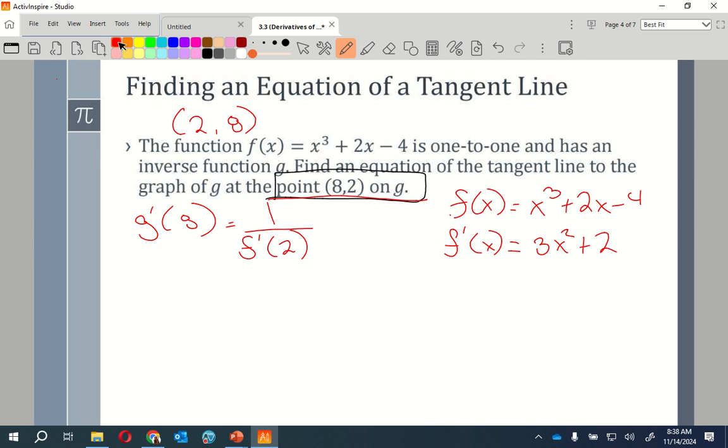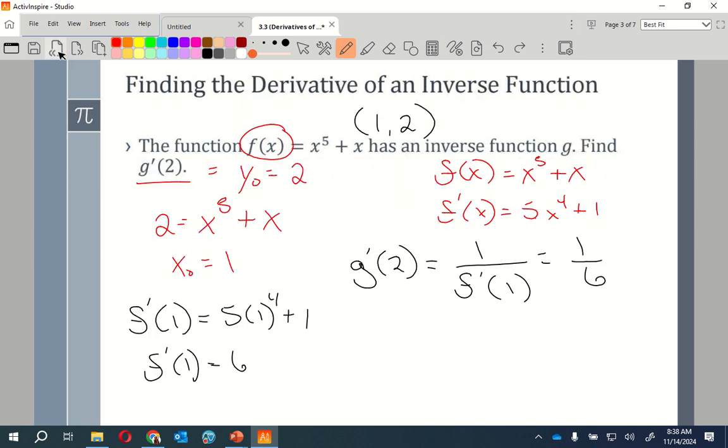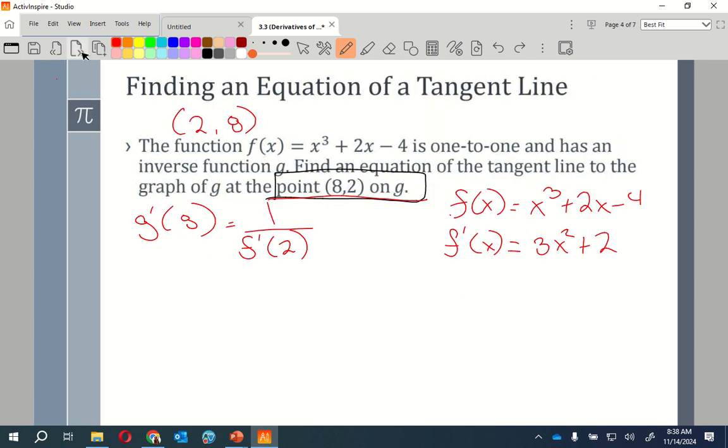You could look at the previous problem. What are we looking for? What x equals? Okay, now we already have the x and the y here, right? That's what we did on the last one, because we were only given one value. We were only given g of 2, right? So we knew my initial y, but I didn't know my initial x. In this one, we know what the x and the y is. So what came after that? What you got?